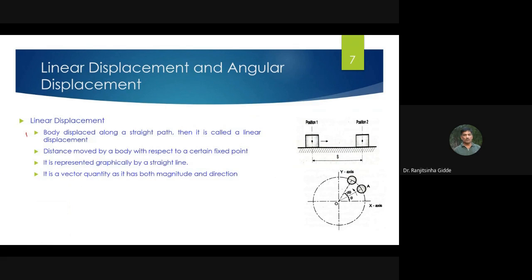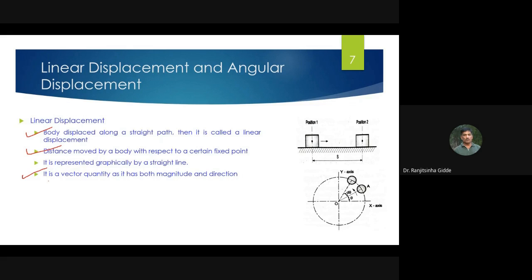So you have written this point, then write this: distance moved by a body with respect to a certain fixed point. And this one is the third important point.